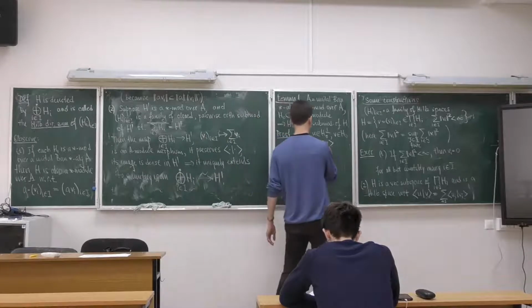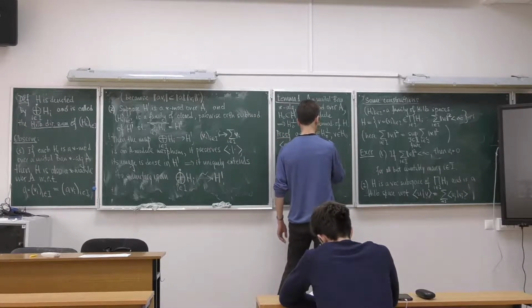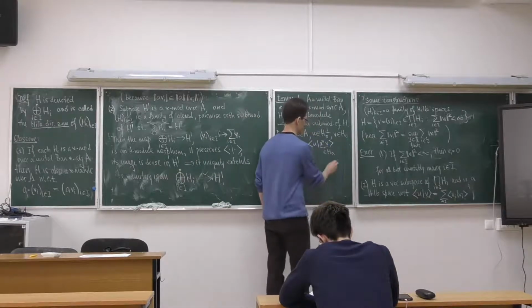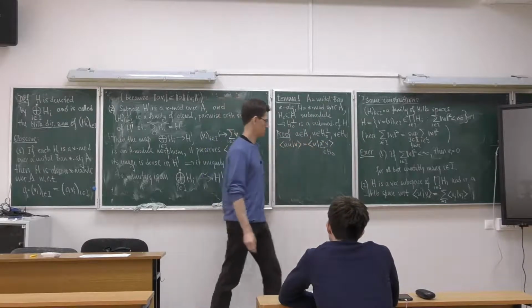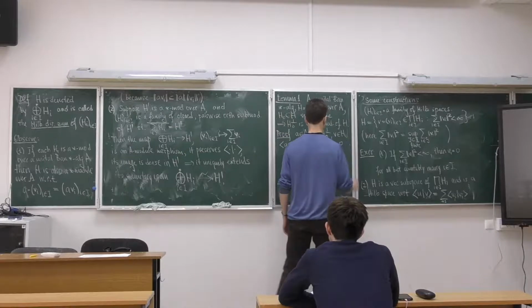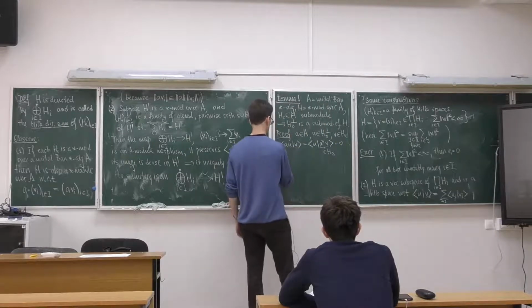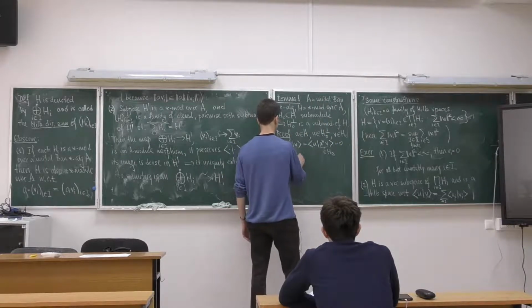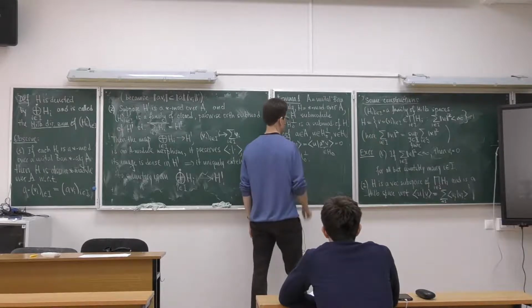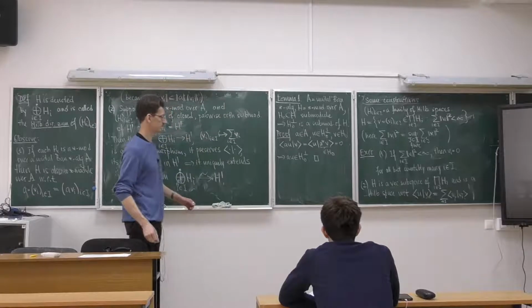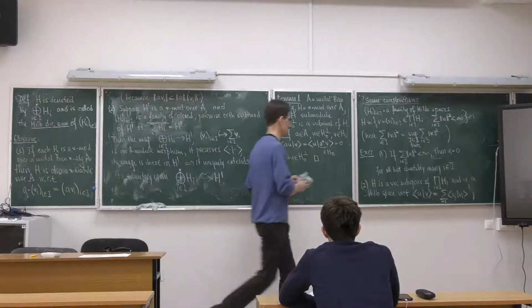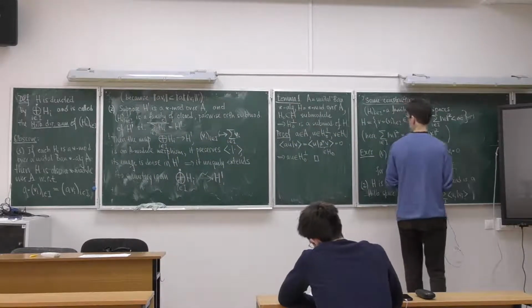And a star v belongs to H0, because H0 is assumed to be a submodule. And now since u is in the orthogonal complement, this is 0. And so this implies that au belongs to the orthogonal complement. And that's it. So the orthogonal complement of a submodule is also a submodule.